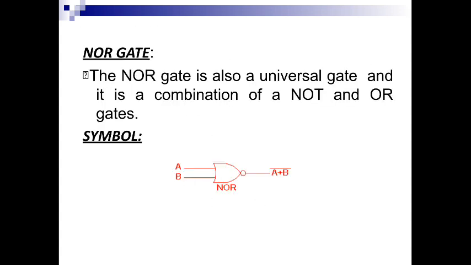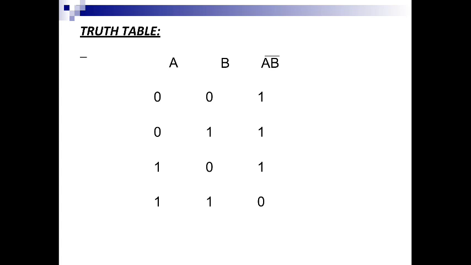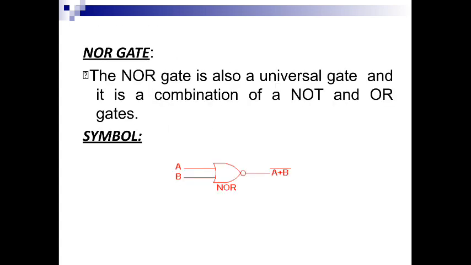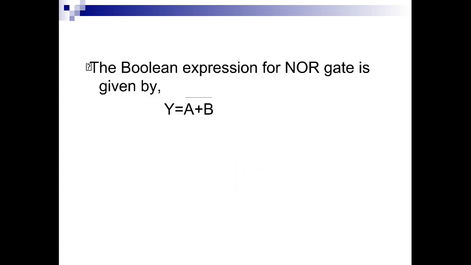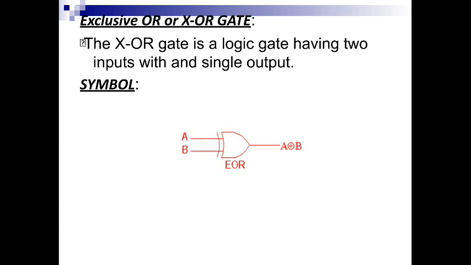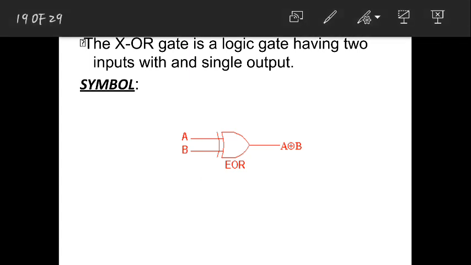So first, this was NOR. This is the XOR gate. The symbol for this XOR gate is in this way; we will just draw it like an OR gate.